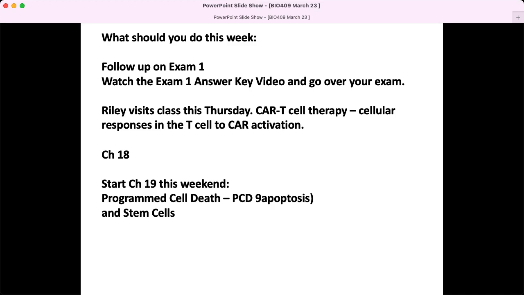PDGF receptor autophosphorylates and activates RAS. RAS has GTP, it's active, it activates RAF kinase. RAF kinase phosphorylates and activates MEK, and that phosphorylates and activates ERK, and that phosphorylates and activates ELK, and then ELK is a transcription factor that binds the enhancer of a lot of target genes, including a cyclin.